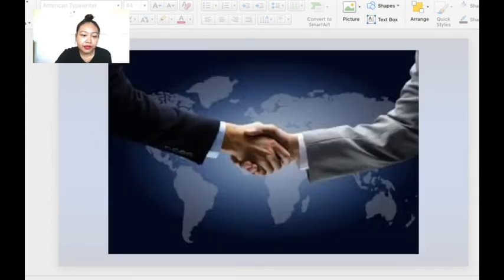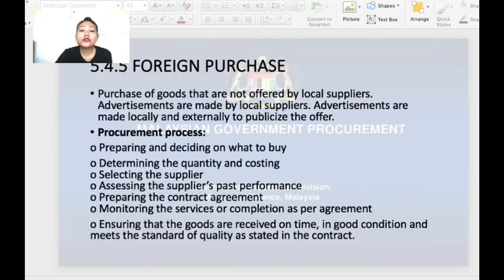The next one, foreign purchase, yeah? Purchase of goods that are not offered by local suppliers. Advertisements are made locally and externally to publicize the offer. So what are the processes? So the first one, preparing and deciding on what to buy.